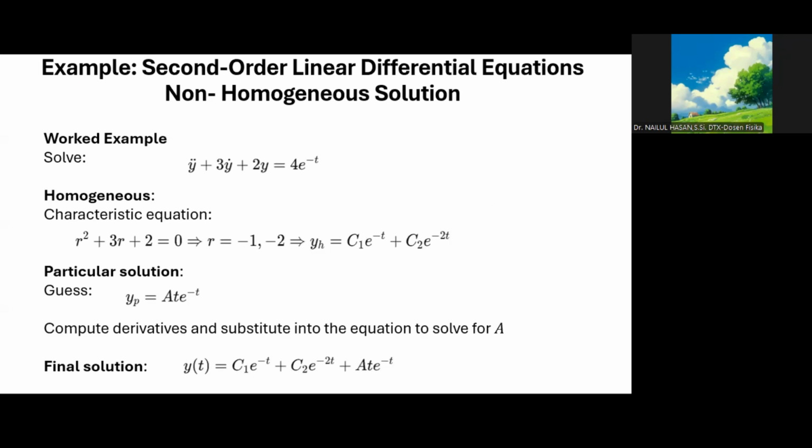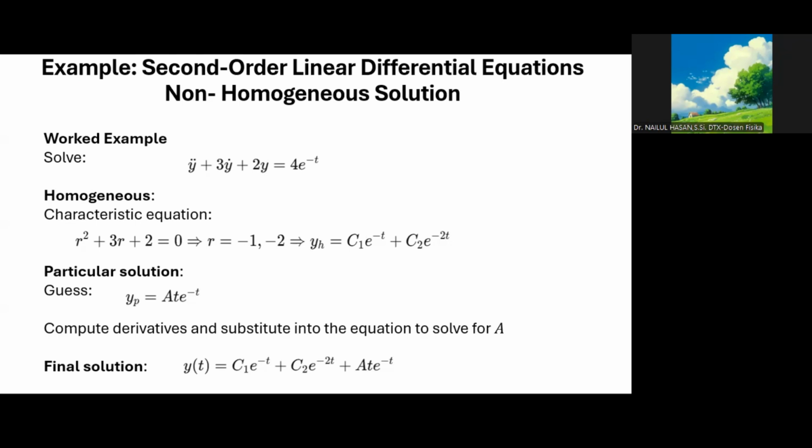For example, we have this second order linear differential equation for non-homogeneous solutions. So we have f here is 4 times exponential minus t. We can get characteristic equations.